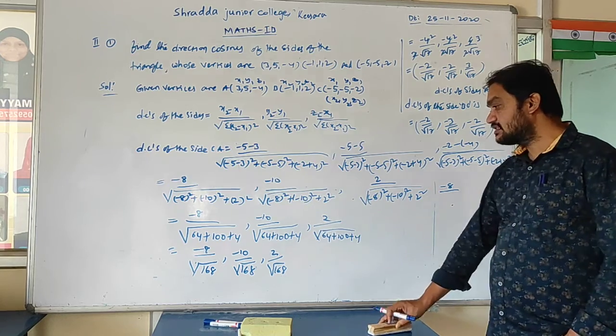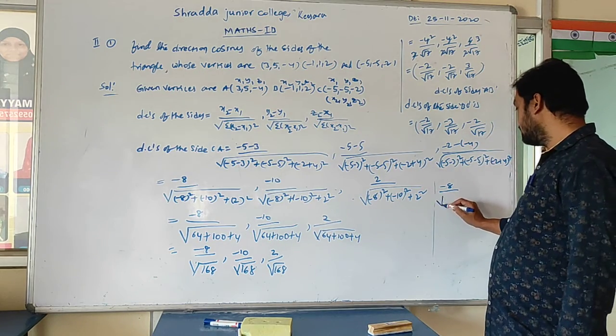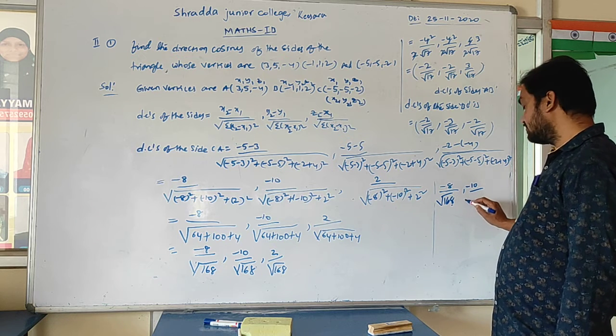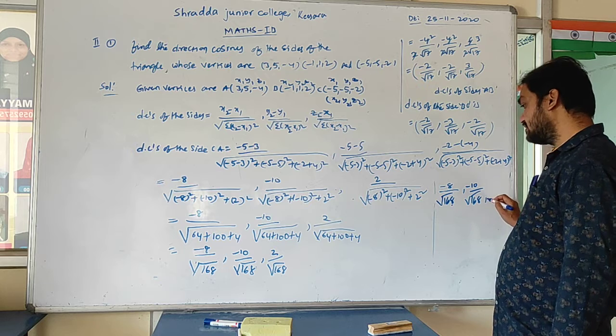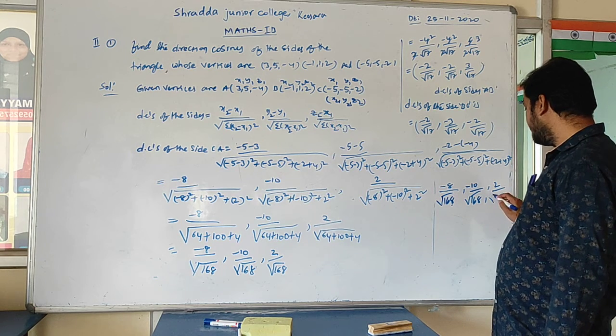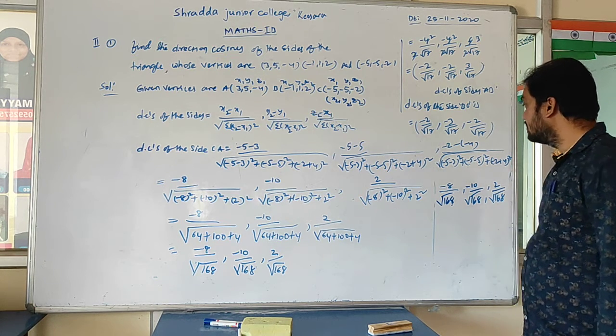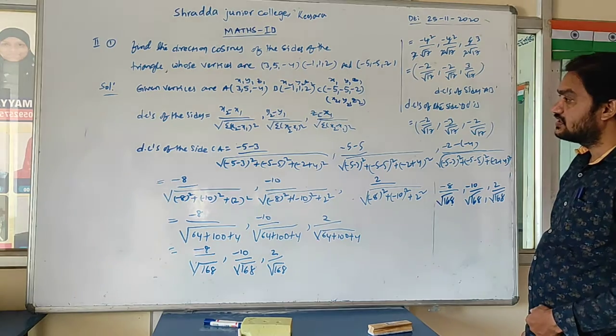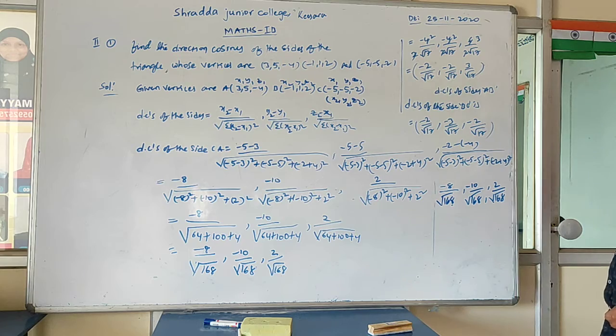Right, now same, this is minus 8 by root 168, minus 10 by root 168 and 2 by root 168. So this is the direction cosines of the side CA.